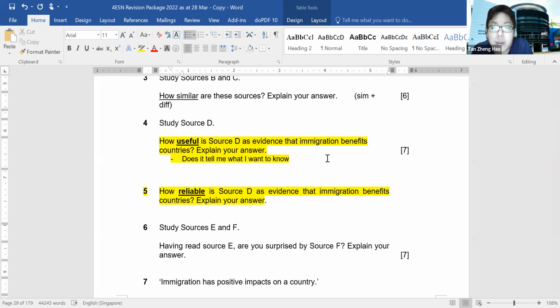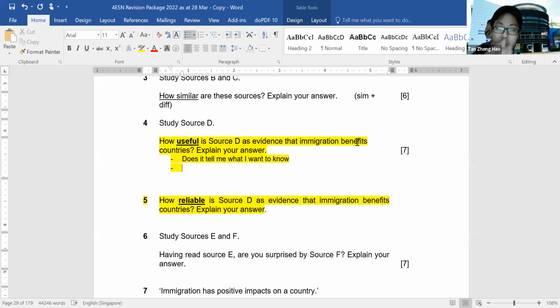Or maybe the source will say immigration is terrible, it doesn't benefit the country, then it would not be useful evidence. Number two, besides telling us something, can I believe what it tells me? In other words, is it reliable or not? So usually, a usefulness question has these two parts.